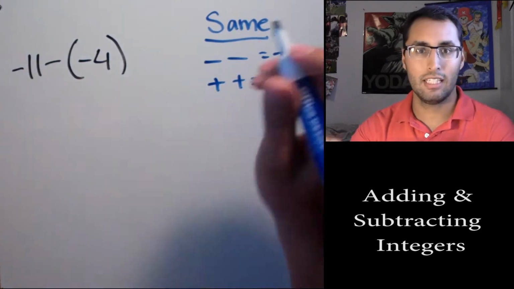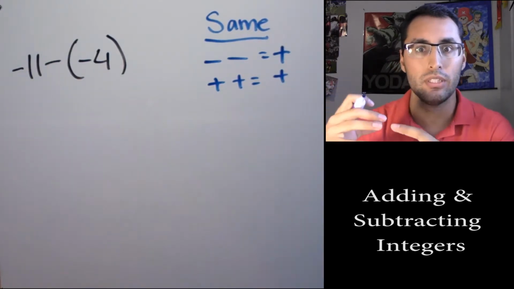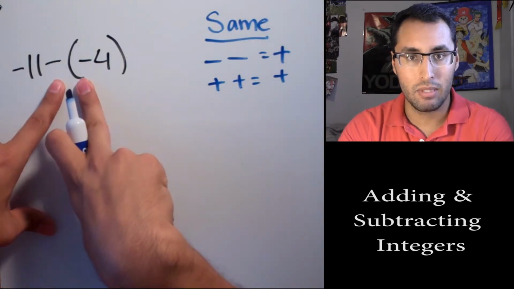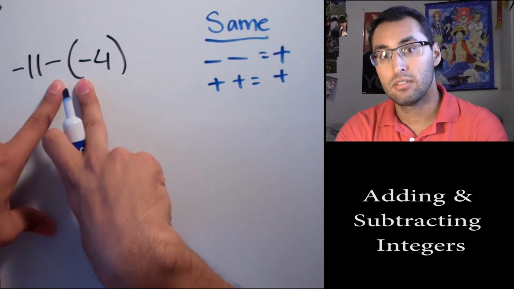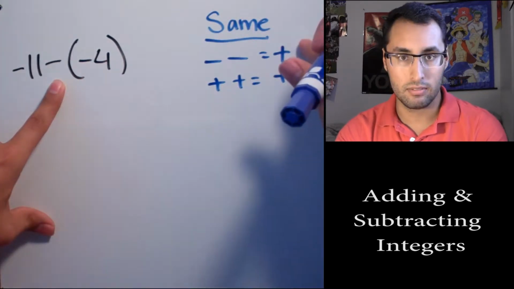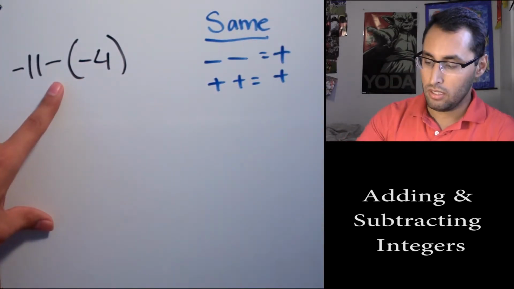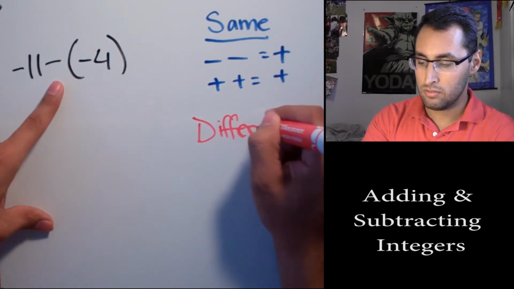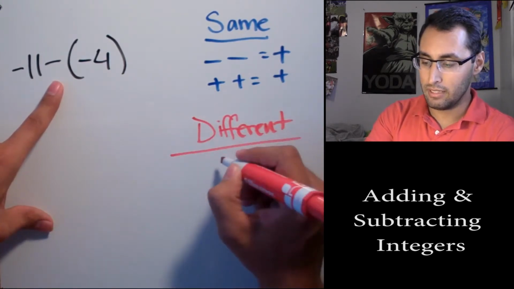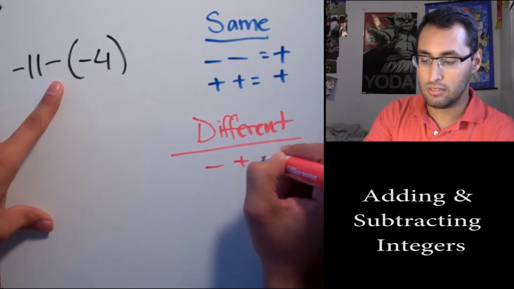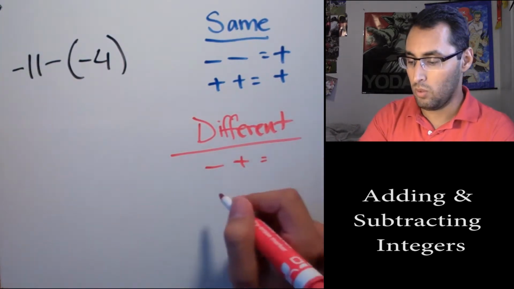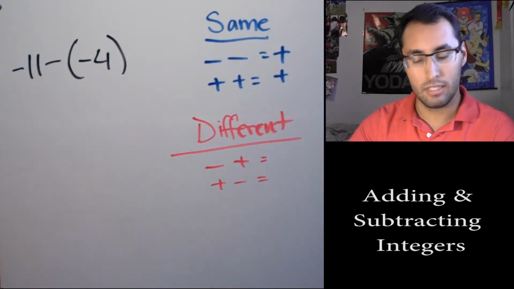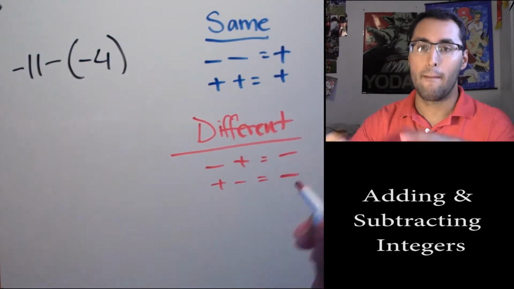Just think of it as you're reading a language that is foreign to you. Well, I know that a minus minus, deciphering what that means, translates to a positive. And where it is different, meaning let's say it's minus plus in a row, or plus minus, if they're ever different, it'll always be minus.